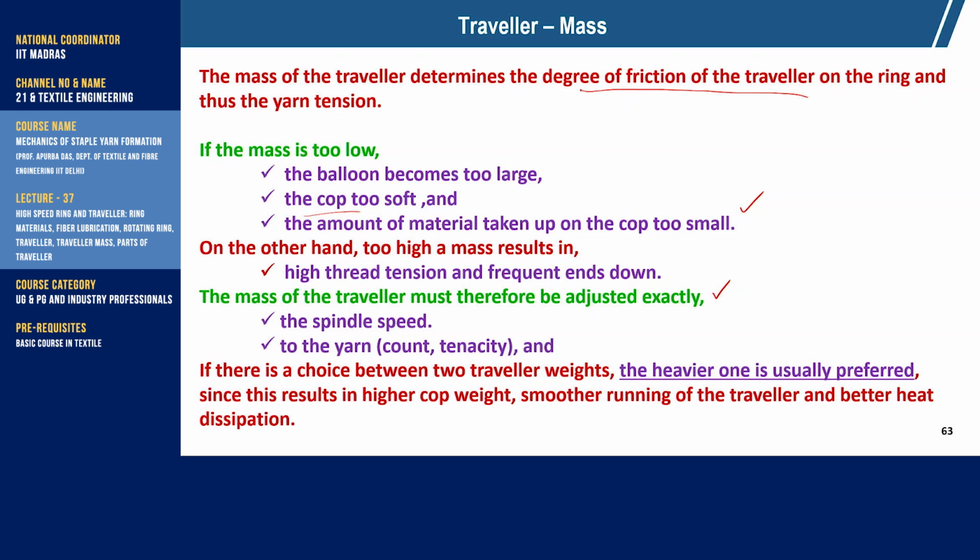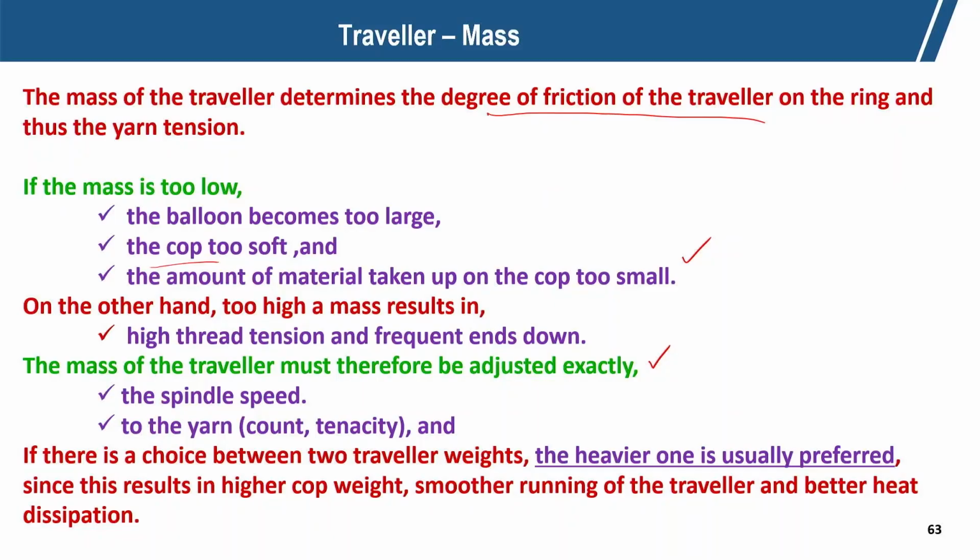So, if there is a choice between two traveller weights, heavier is usually preferred, since this results in higher cop weight. That means, per doff there will be more quantity of material. So, doffing frequency will be reduced, running efficiency will improve, smoother running of traveller and better heat dissipation. So, higher mass means better heat dissipation will be there.